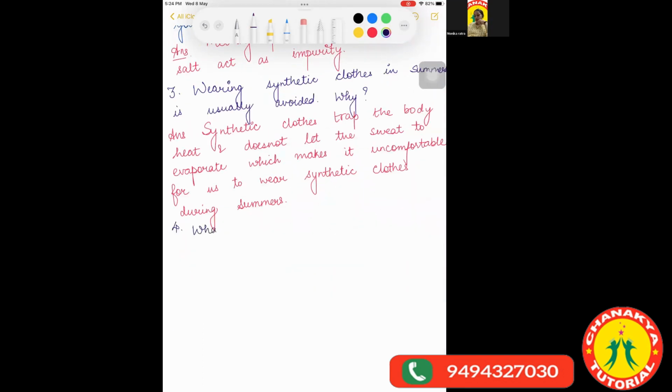What is the significance of boiling point and melting point of a substance? Who will tell me? Pranav, can you tell me the answer for this one?